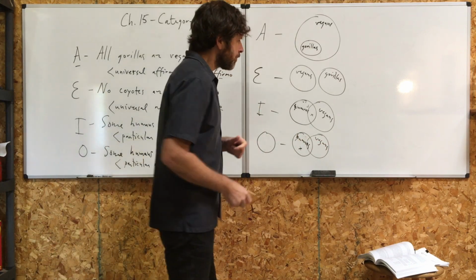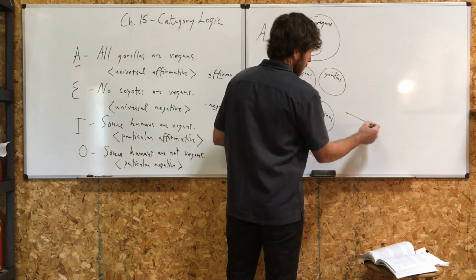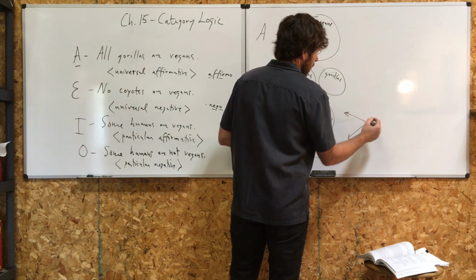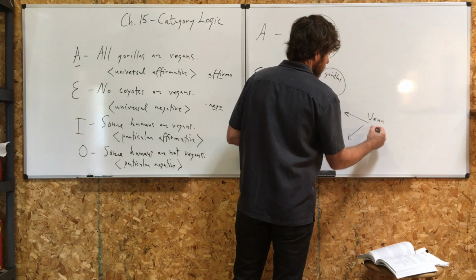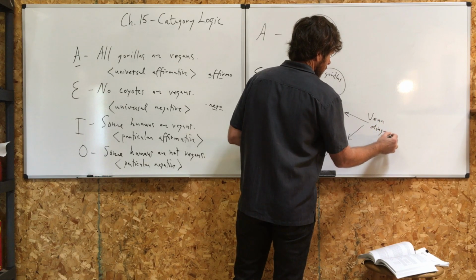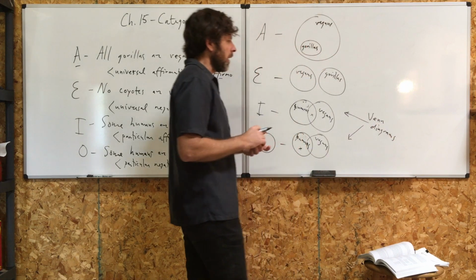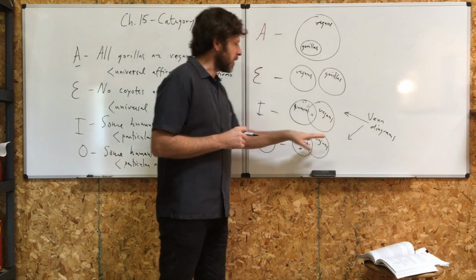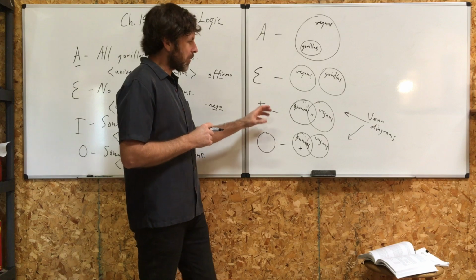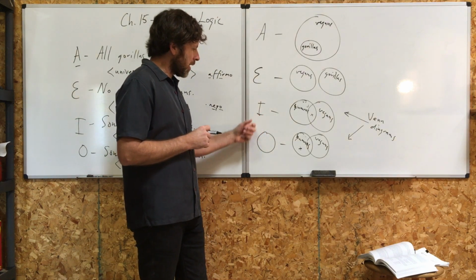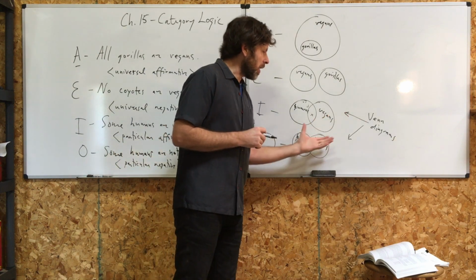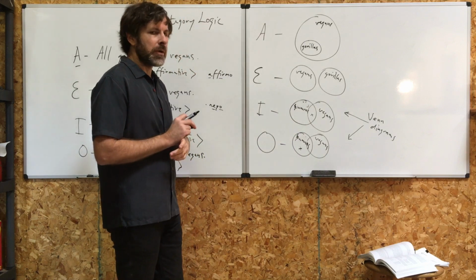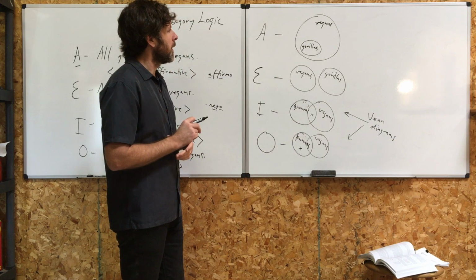By the way, these right here are actually Venn diagrams. In this class, and on these videos, I'm not going to teach you Venn diagrams. But it just so happens, with regard to at least I and O statements, Venn diagrams are pretty intuitive. They're pretty natural. Okay?